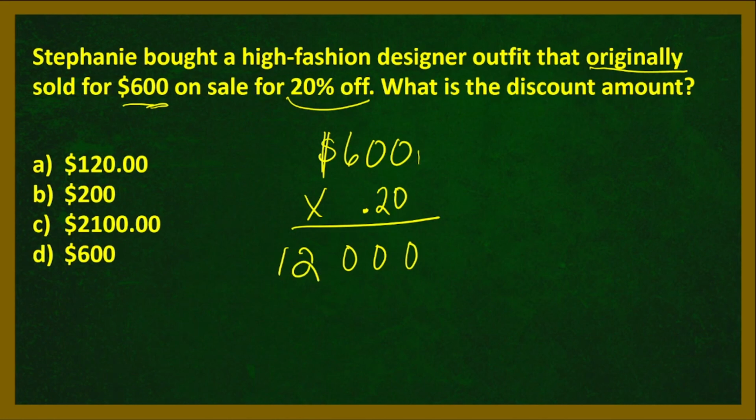Let's go ahead and place our 2 decimal points here. So now we have $120. And that's it. That's our discount amount. And as you can see, that is letter choice A.